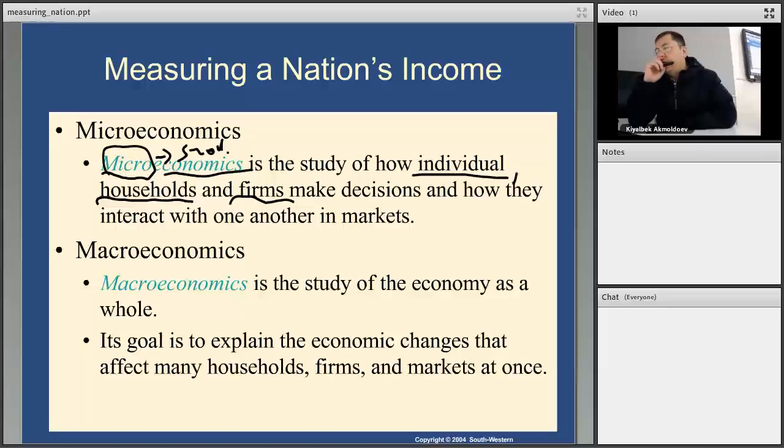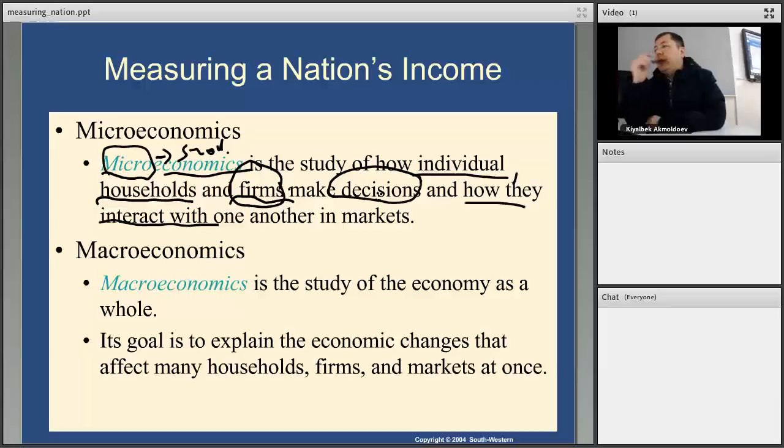So actually, microeconomics studies how buyers, so households, and sellers, firms, interact with each other in the market and how they make decisions. How households or consumers, buyers, make a decision in order to buy goods and services, how firms make a decision in order to make goods and in order to maximize their profit when they are selling goods and services.